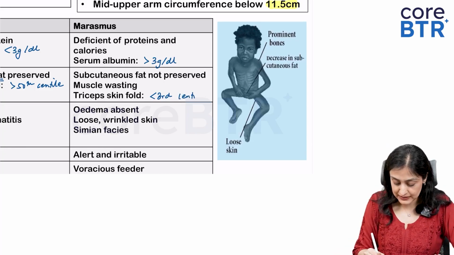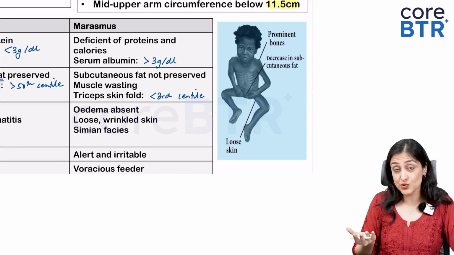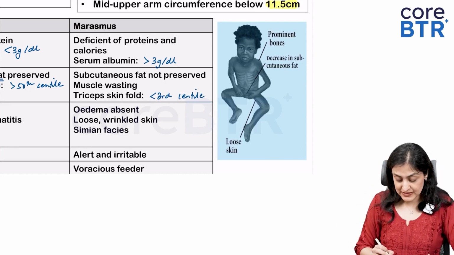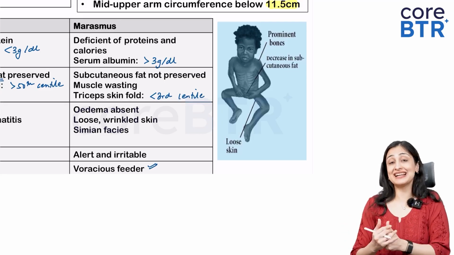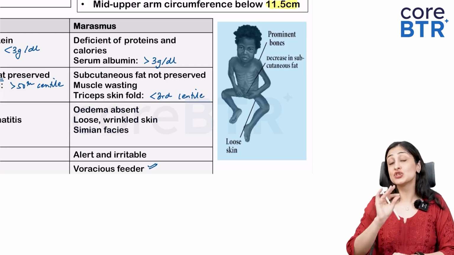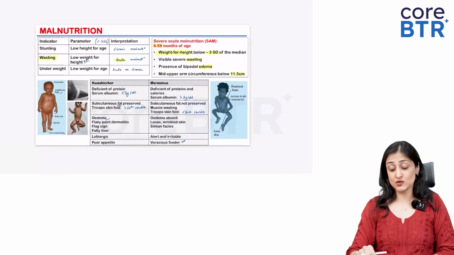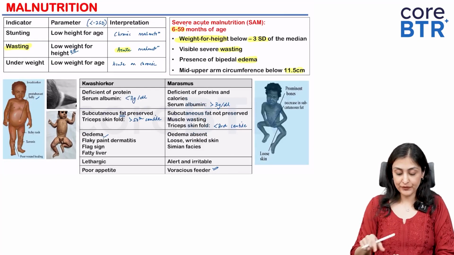So this is less than third centile. No edema, in fact, loose skin, there's no fat underneath. Simian facies, and these are very voracious. If you give them food, they'll eat like crazy because they've been deprived of nutrition for a very long time. So they are voracious feeders, right? So this difference, super important, very basic stuff, you can't go wrong here.